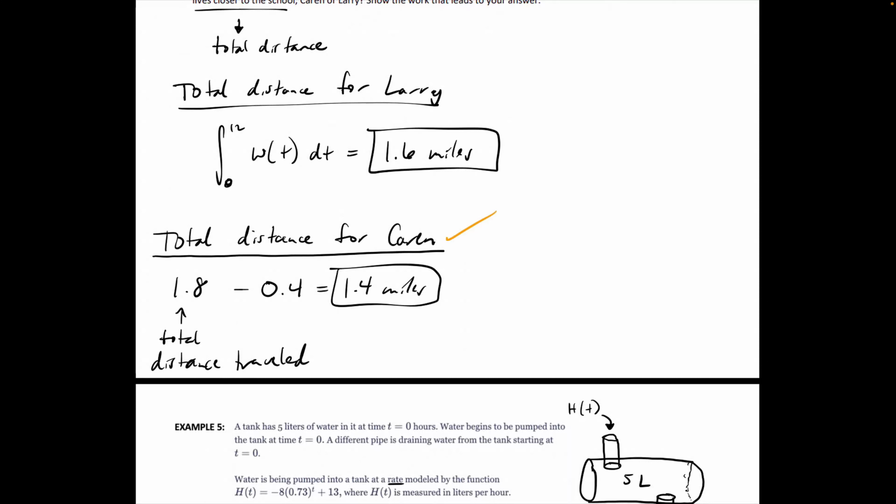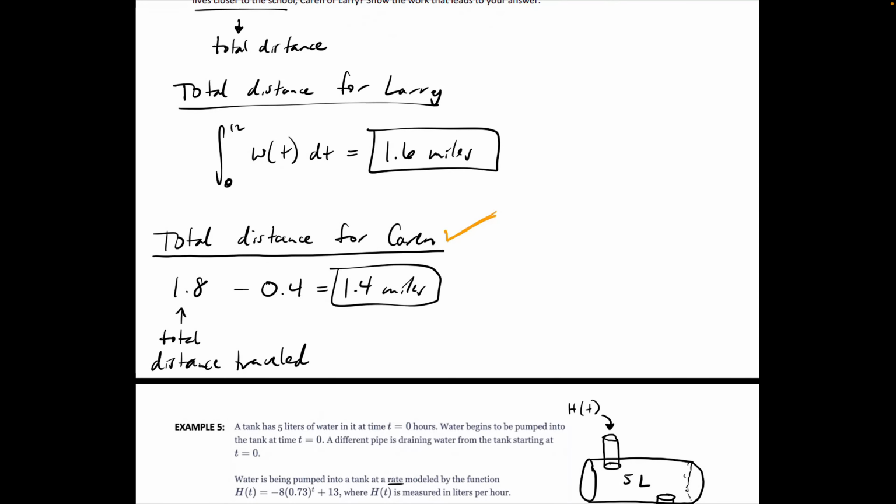So Karen lives closer. Would they ever give us a question where we have to figure out who lives closer, but it takes them different amounts of minutes? Oh, so they're going different rates? Could be. Yeah, because we don't know what their rate is. No, scratch that. We do know, we could figure out their rates, right? No, usually, so great question.